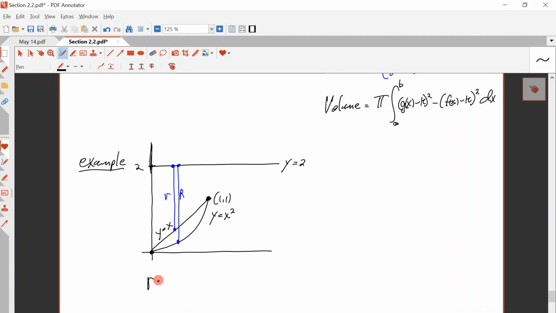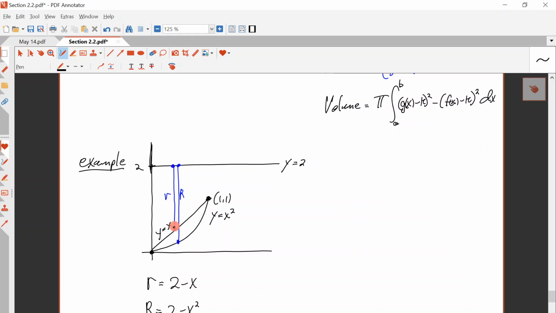So the little radius is 2 minus x, and the big radius is 2 minus x squared. If this axis of rotation was underneath, it would be x minus negative 1, or x squared minus negative 1. But whatever the case might be, it's larger minus smaller. So 2 is larger, x is smaller, and 2 is larger, x squared is smaller.